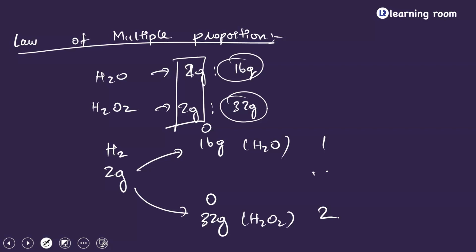Is that clear? I'll give you one more example. You have SO2 and SO3. Here with a fixed mass of sulfur, 32 grams, 32 grams of oxygen react here and 48 grams react here. Yes or no?